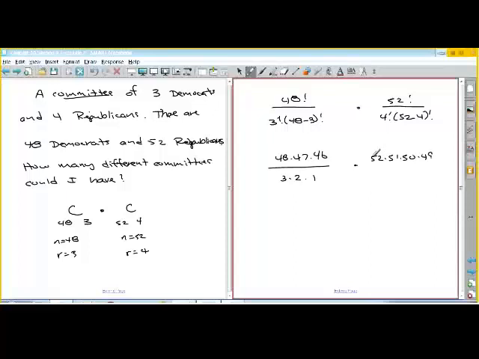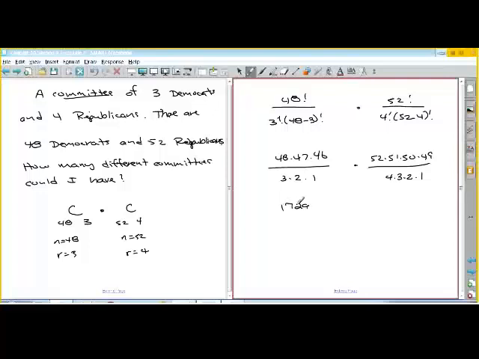Over here I have 52 times 51 times 50 times 49 divided by 4 times 3 times 2 times 1. Again, 4 numbers in the numerator, 4 numbers in the denominator. I skipped over that step of canceling out 45 factorial. And now you plug the numbers in.